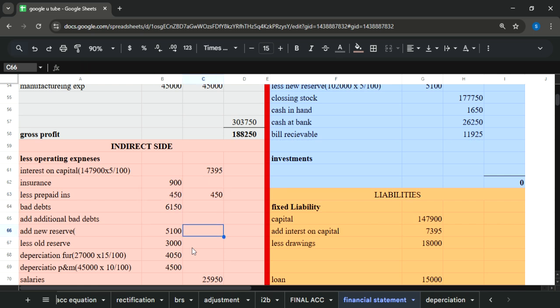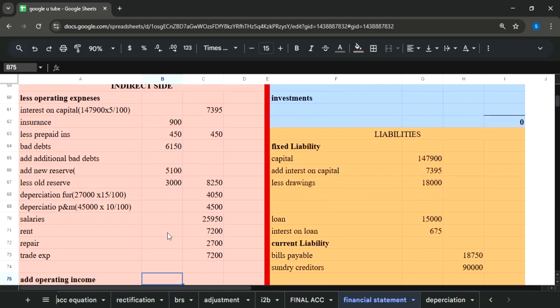Now we are ready to finalize our bad debt adjustment, where bad debts plus additional bad debts, which are not present, you can see it's 0, then plus new reserve and minus old reserve 3000. Okay, this has been completed. 4050 was the amount of depreciation, and 4500 the amount of depreciation on plant and machinery. We may write them in the outer column.